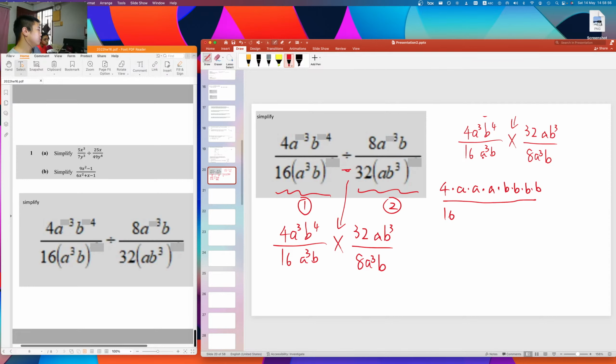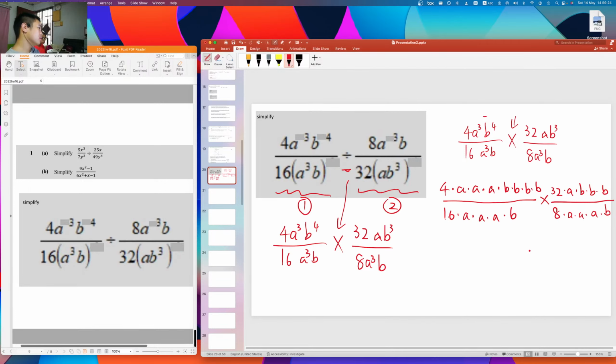Can you see a3 here? How many a? 3. How many b? 1 only. Next, 32: 1a. How many b? 3, so 3b. How many a? 3. How many b? 1.